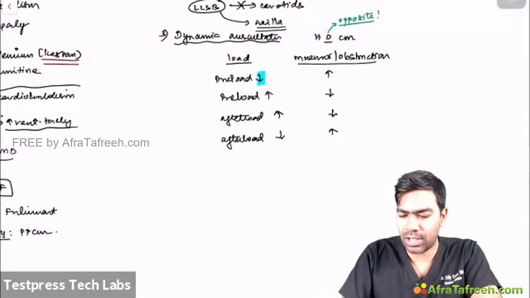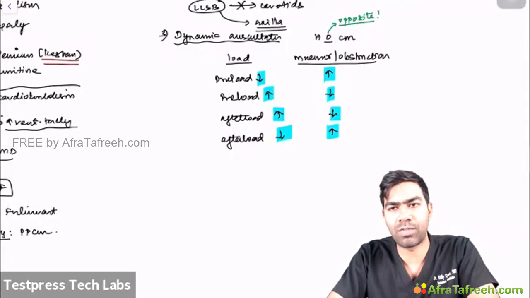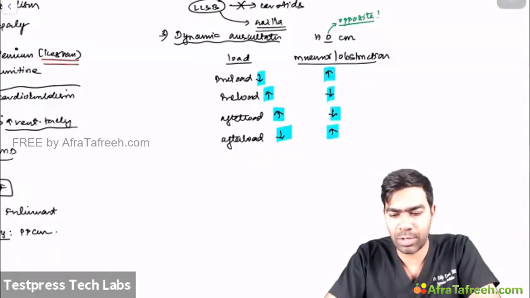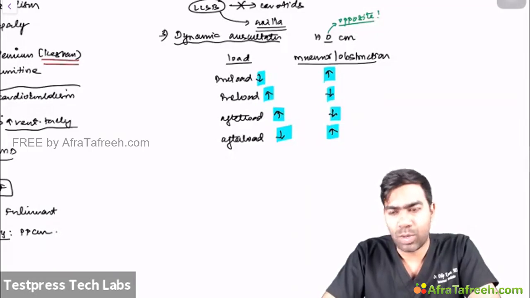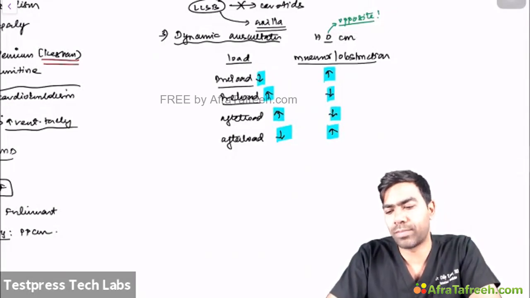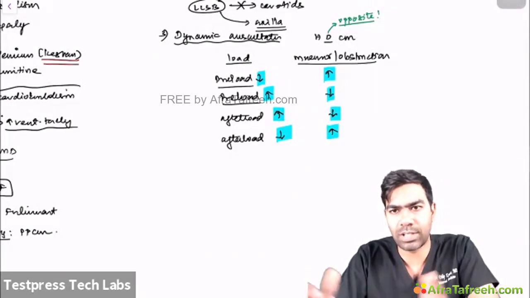Which means at every area, you have opposite arrows. That's why I told you it is hypertrophic opposite cardiomyopathy and not hypertrophic obstructive cardiomyopathy. So that's one point that you need to know. So why is this happening, why is it a highly preload dependent condition? Because of that movement of the septum only.